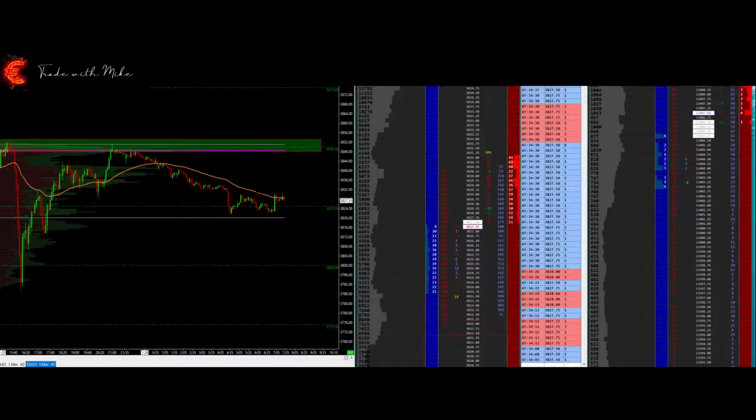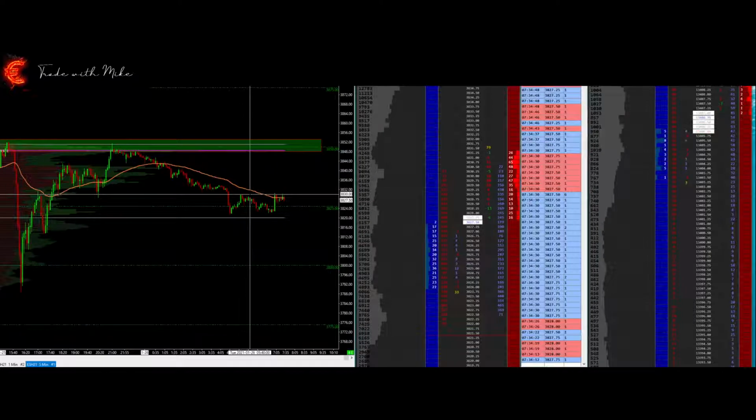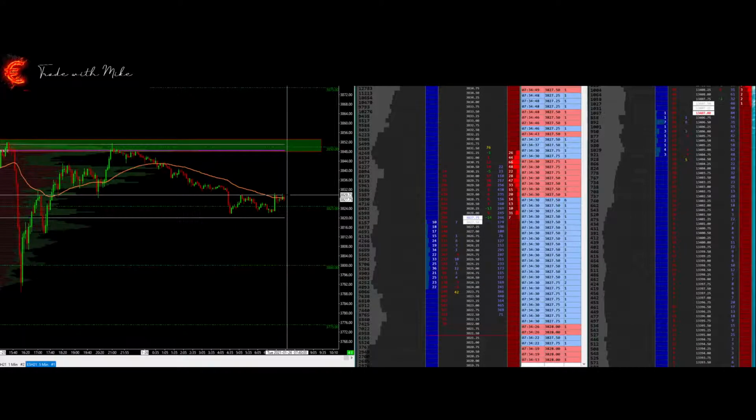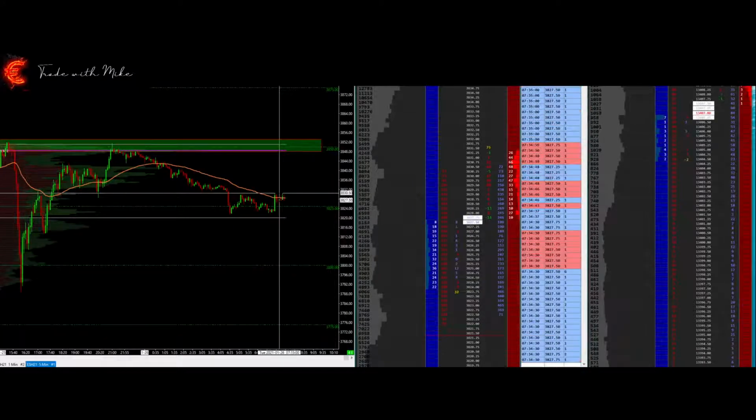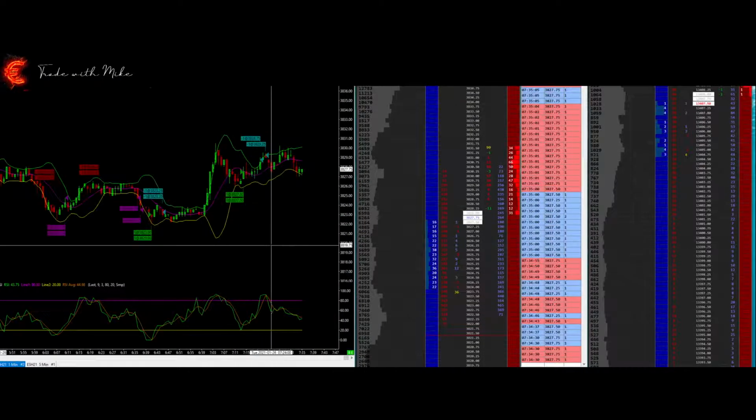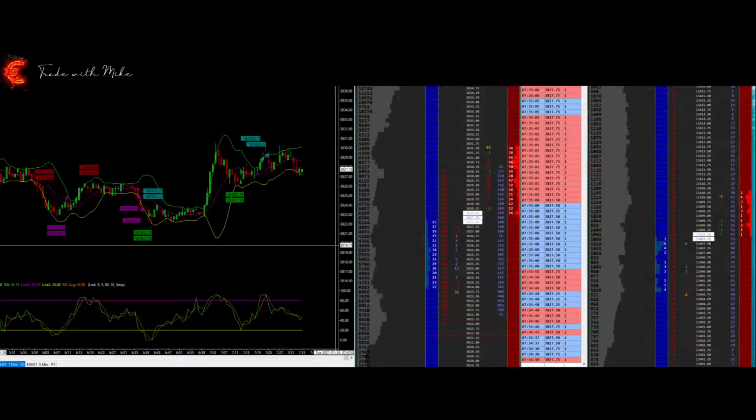We have here a resistance zone which is holding the price from going further to the upside, and we have here some range, so I'm not really jumping into any trades until I get a confirmation from my strategy.